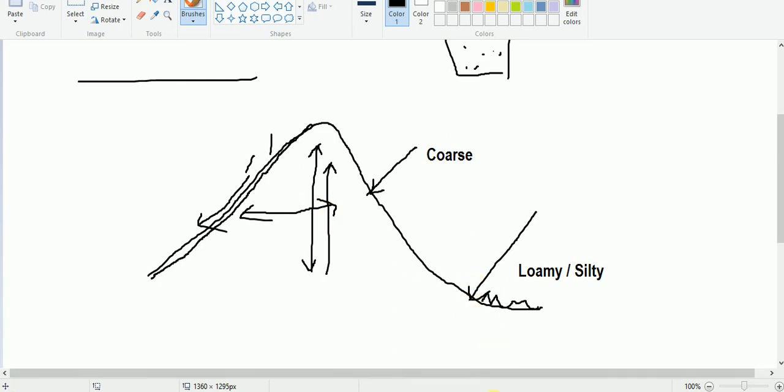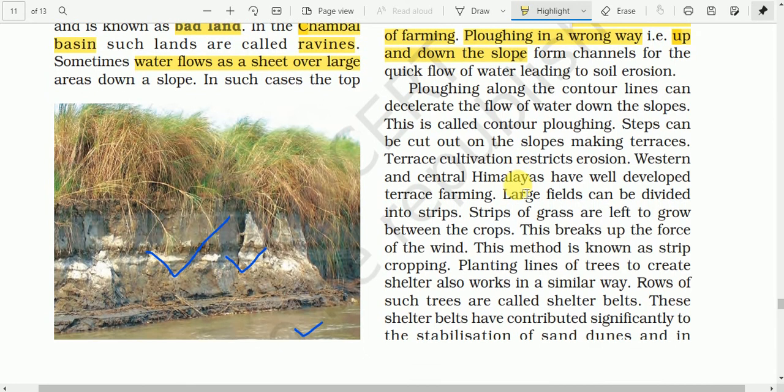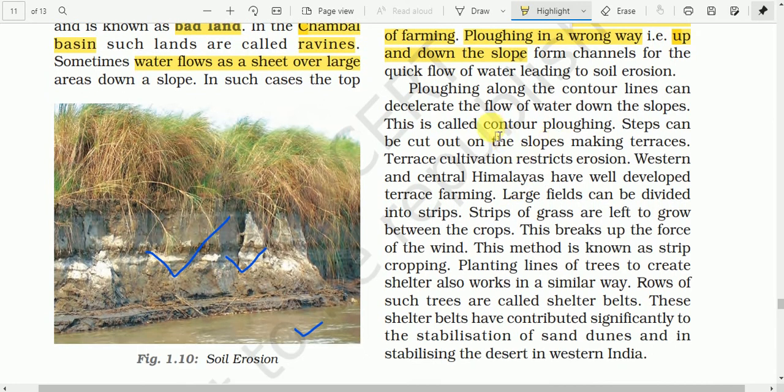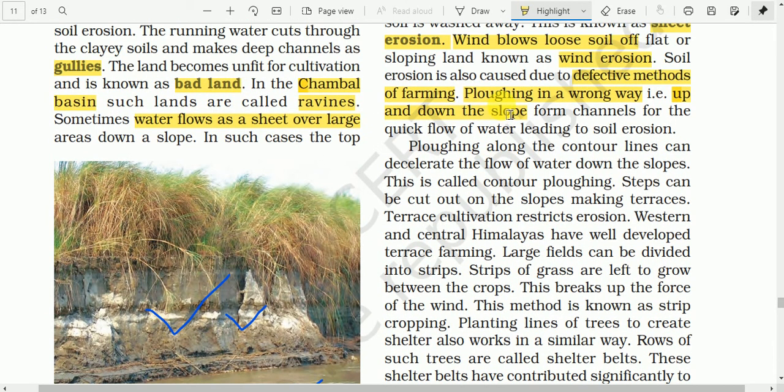If you do up and down ploughing, that is a wrong method of ploughing, and it will cause soil erosion. That is what we call a defective method of farming. Ploughing along the contour line can decelerate erosion. Actually, we have learned the causes of soil erosion.